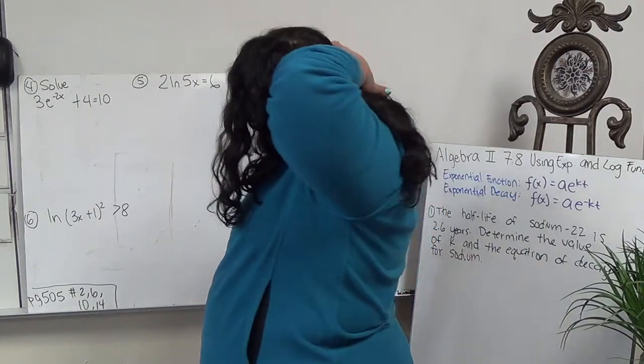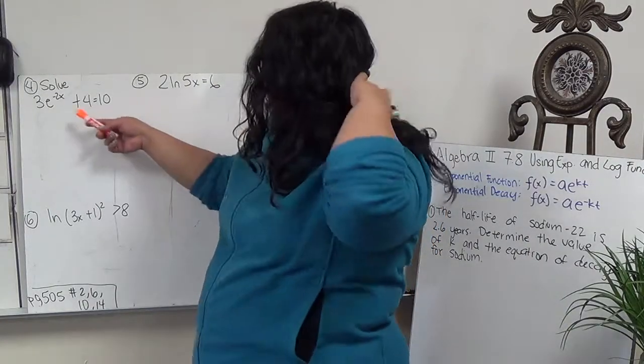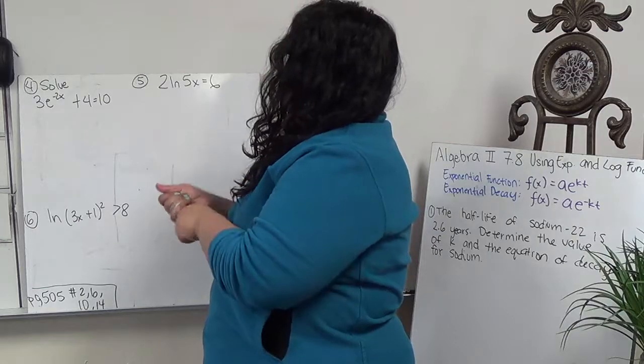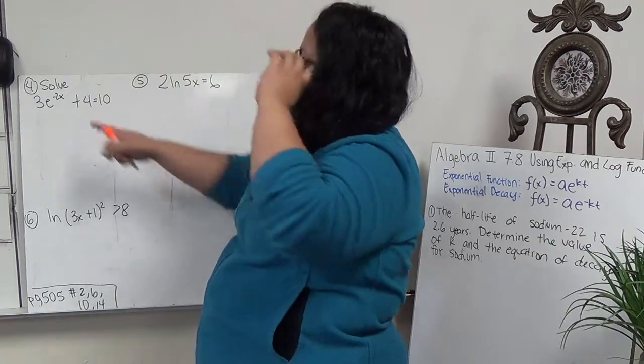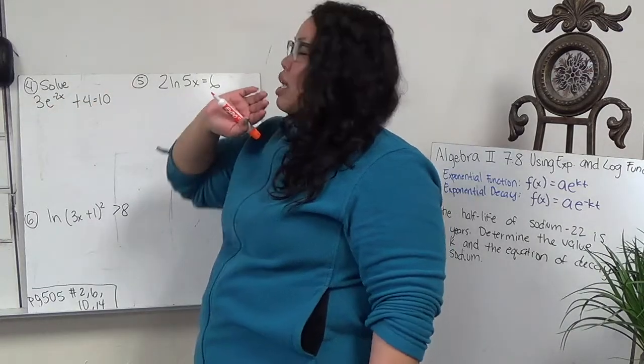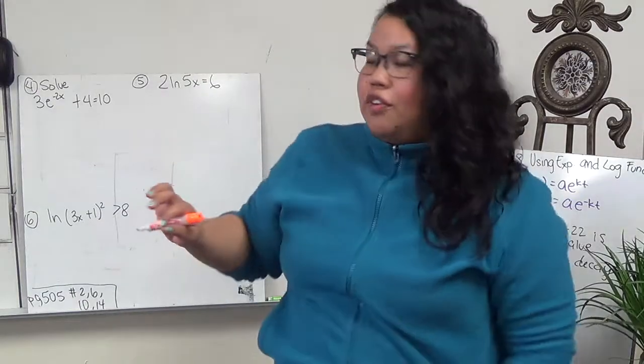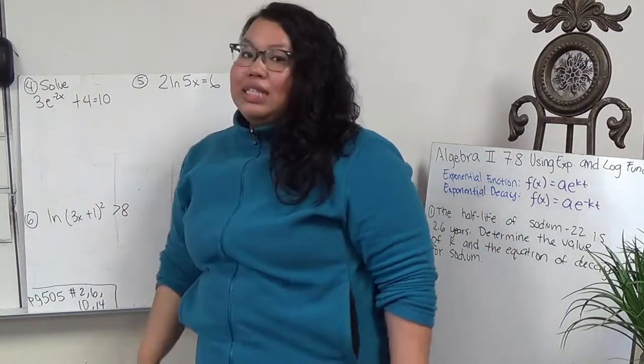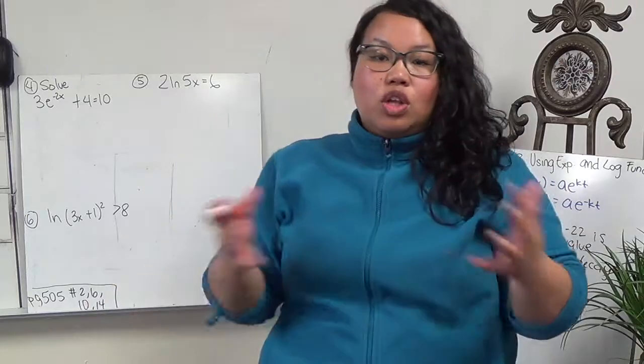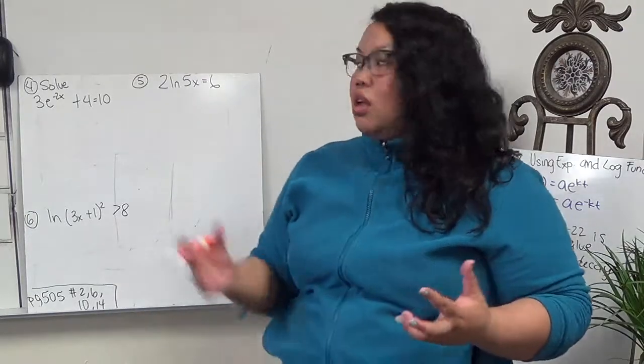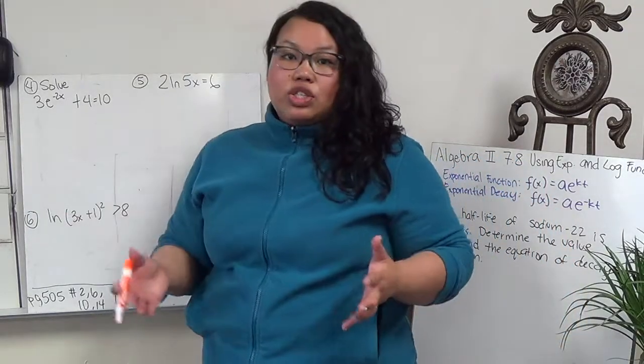So on number 4, we're dealing with exponential with a base e. Now the opposite of exponent with base e is your natural log. So base e and natural logs cancel each other out.